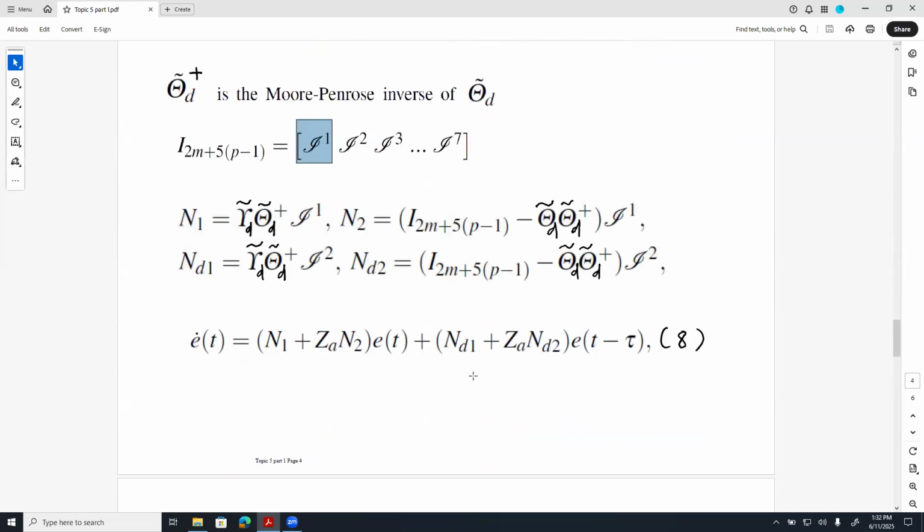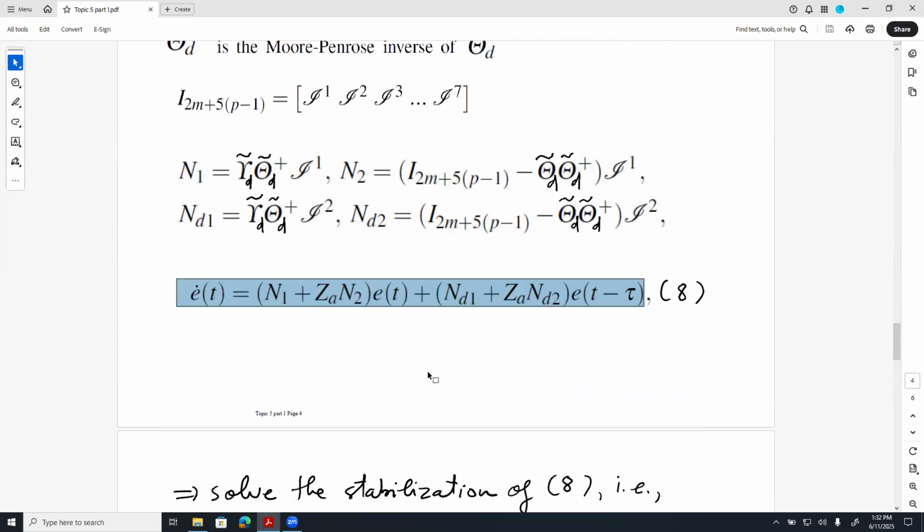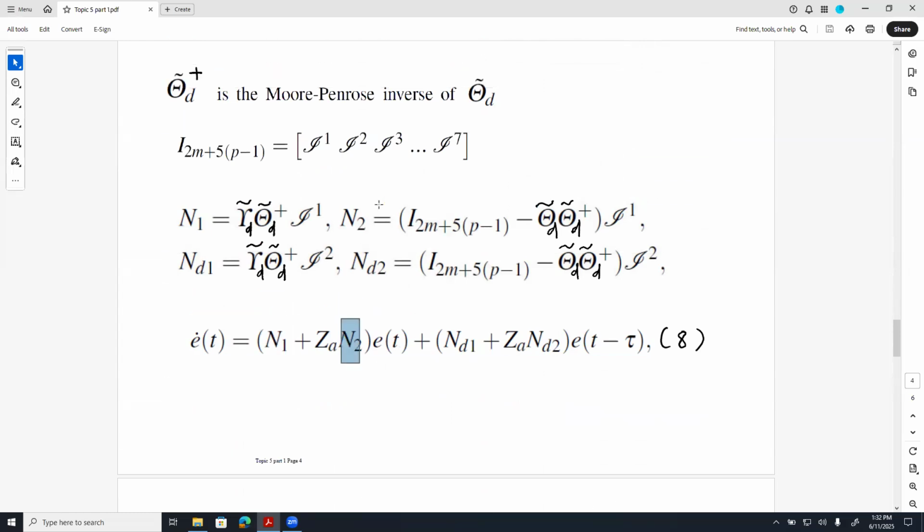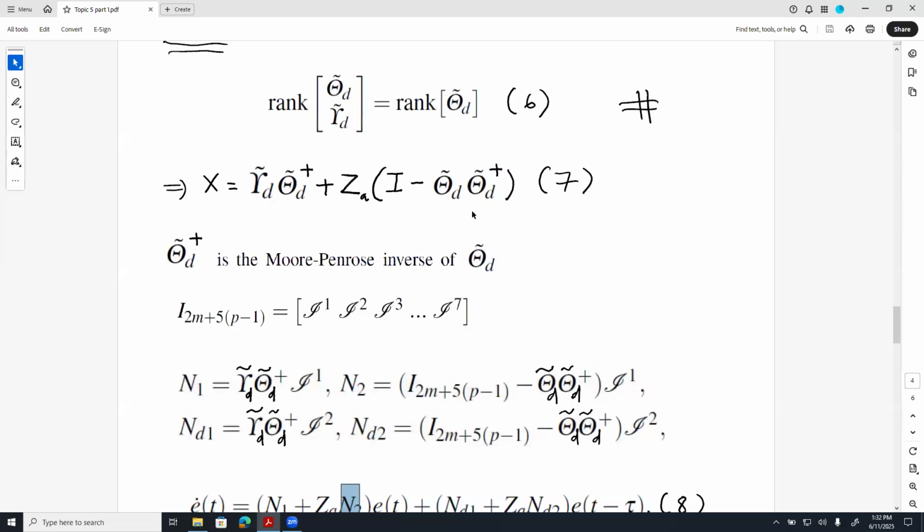But the bottom line is the error dynamic equation can be expressed in this form, where N1 is known, N2 is known because it comes from the expression in here, and if we know the generalized inverse of that matrix, so it's known.